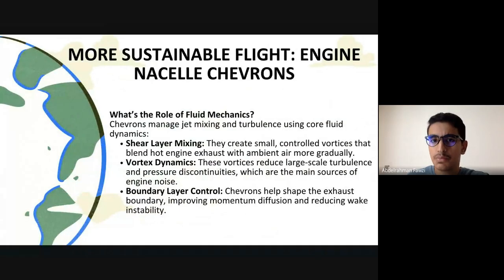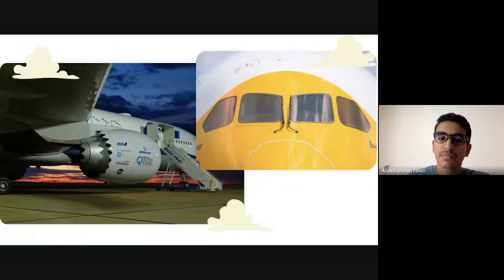So why are they important? Because there is the engine exhaust, and the flow of this exhaust is quite a bit higher than the flow of the air along the side of the cover. So we need to make some gradual coincidence between the flow of the exhaust and the flow of the cover.